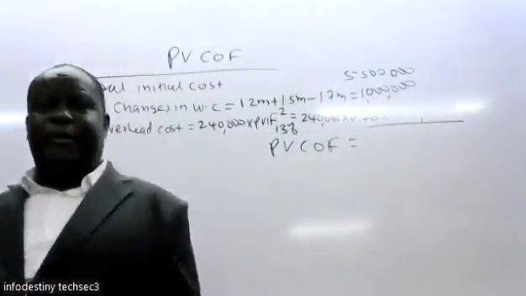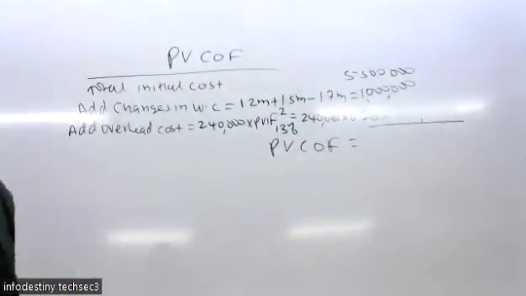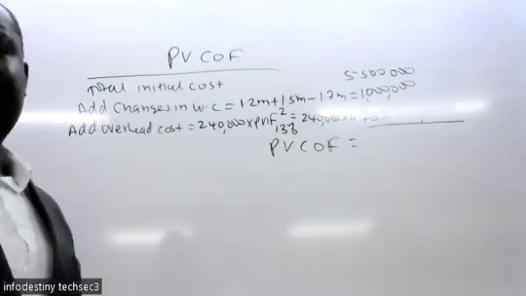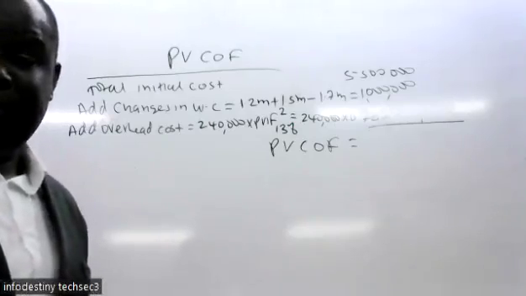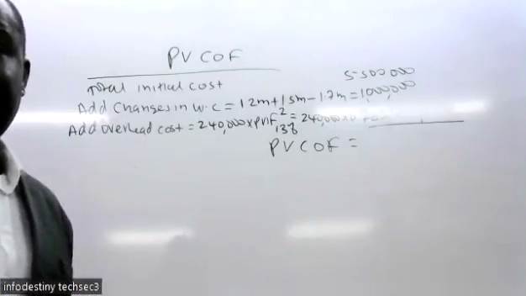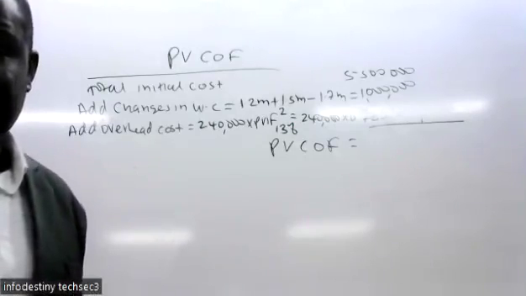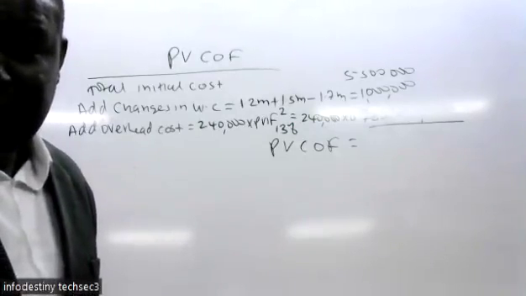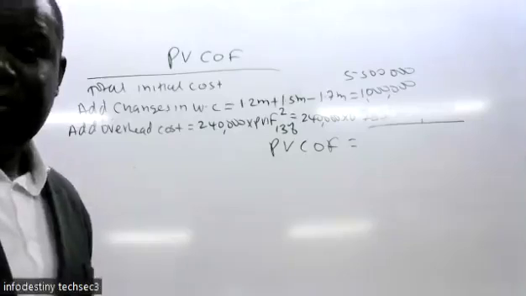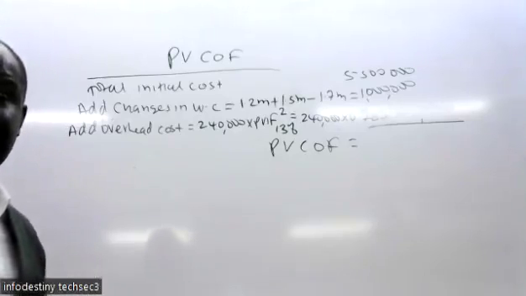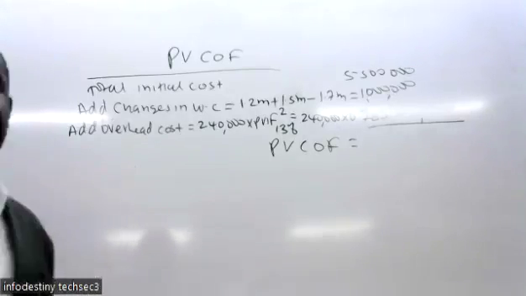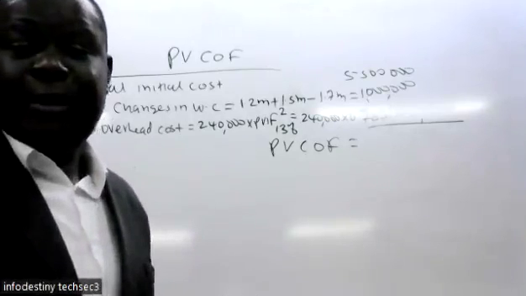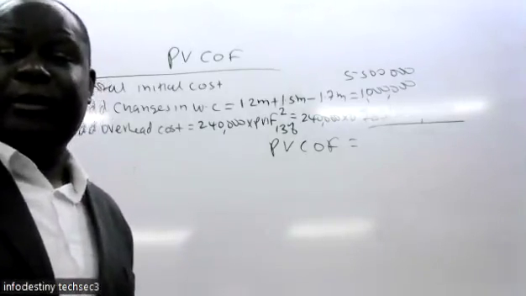You are not telling me what figure you are getting from the table. Have you seen the tables? Check the tables, 13% in year 2. I'm only doing it at your mercy so that you get to understand how to use those tables. Can you tell me the figure you are seeing in your tables?